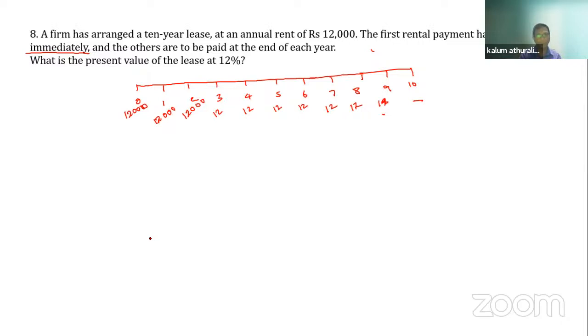Right. Then what is the formula? This we call an annuity. What is an annuity? We pay or receive an equal amount within equal time periods. This is called an annuity.